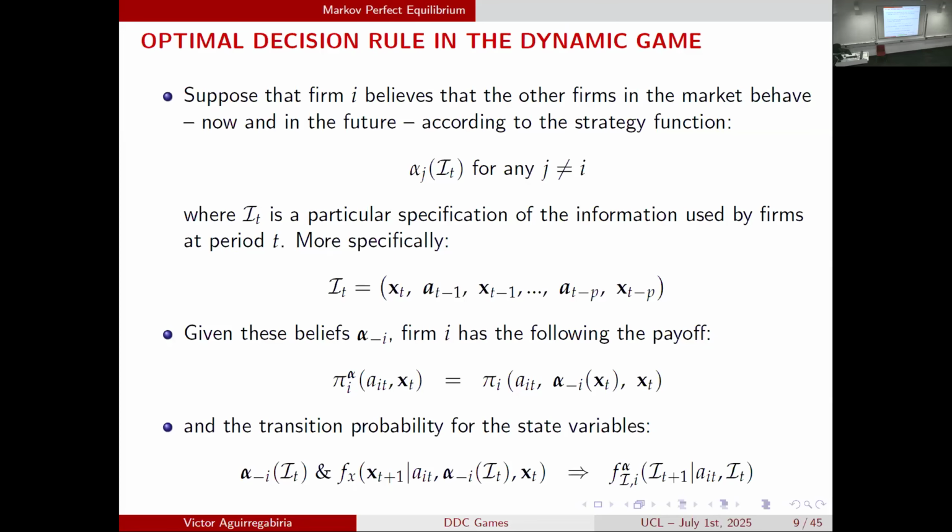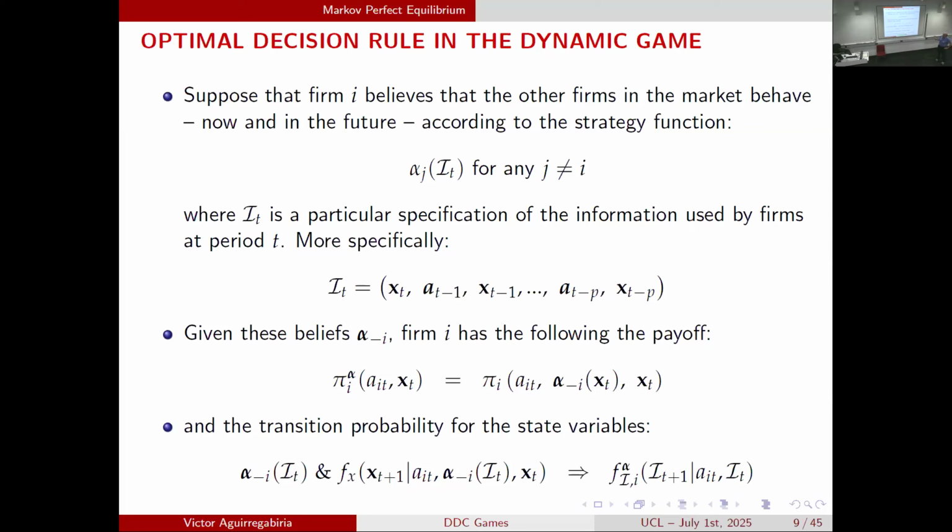Okay, Markov perfect equilibrium. Before I introduce the Markov perfect equilibrium, let me introduce a very general Nash equilibrium in this dynamic game. And then we will see that Markov perfect equilibrium is a particular case of this Nash equilibrium. Okay?